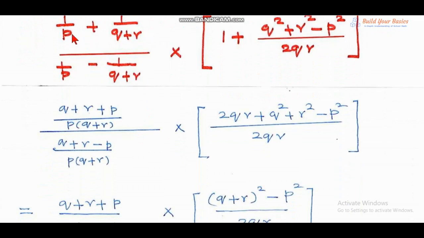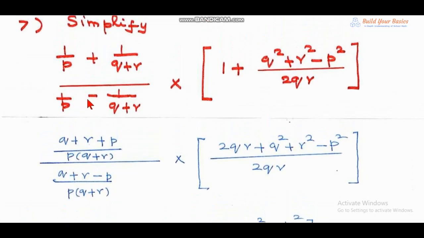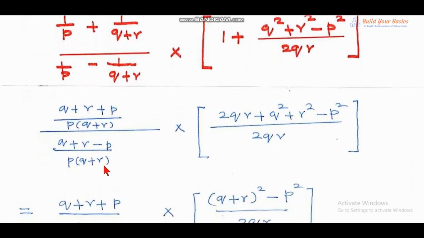For the numerator, LCM is p into q plus r. So we will be getting q plus r plus p. For the denominator, p into q plus r is the LCM. So q plus r minus p into LCM, 2qr. So 2qr plus q squared plus r squared minus p squared.